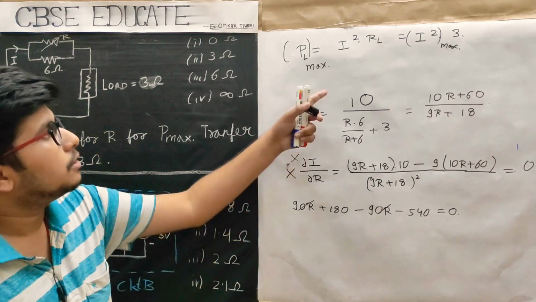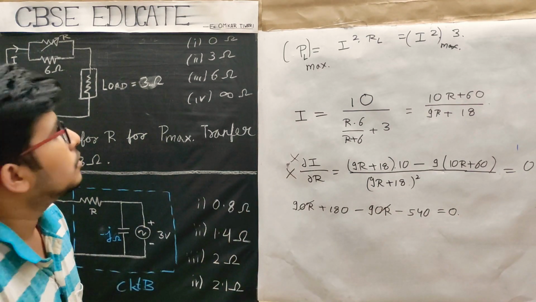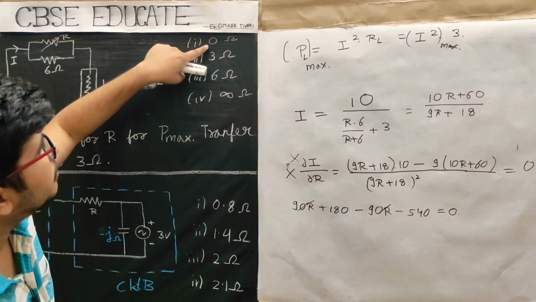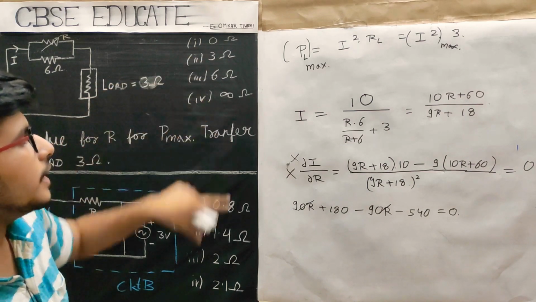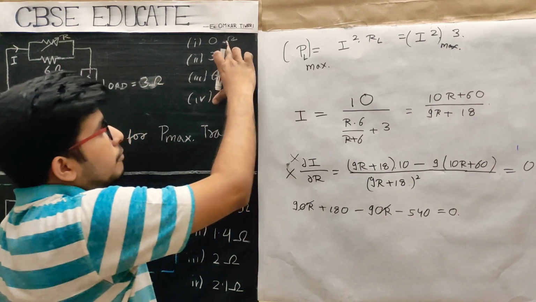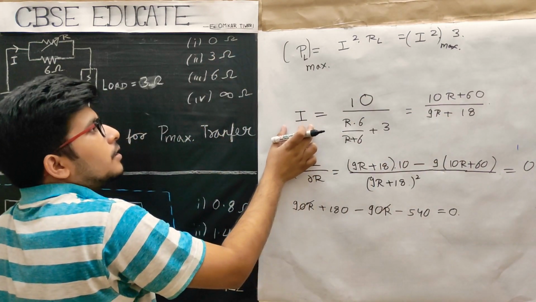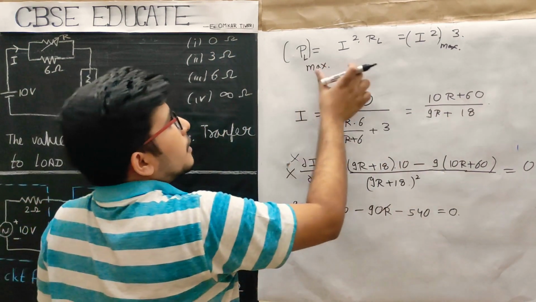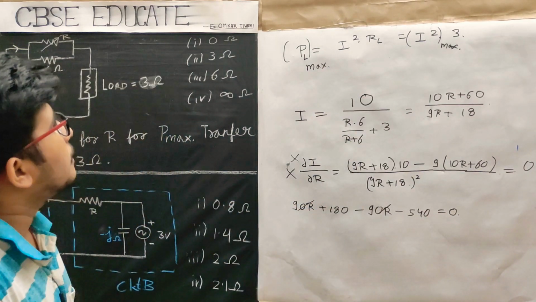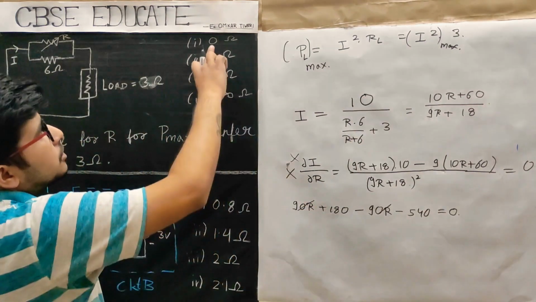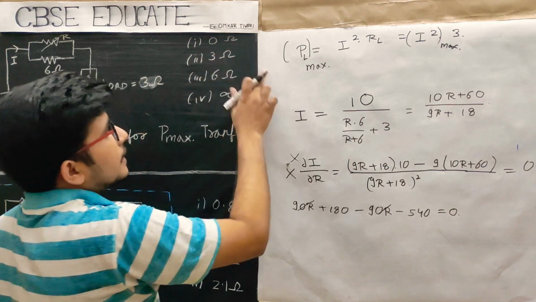Now how can you get the maximum value? Simply put the values given in the options, and find for which value of resistance you are getting the maximum value of current, so you will get the maximum value of power. Understood? First put the value of R as 0 ohm.